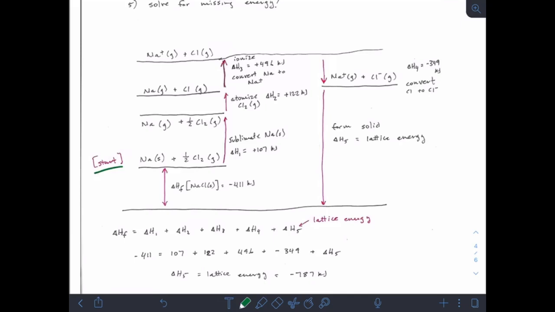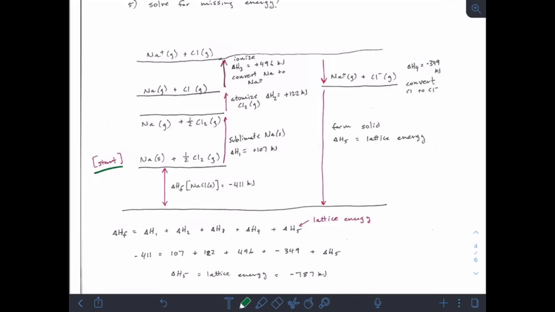Our first step is to sublimate, and there's an enthalpy associated with that. We have to put 107 kilojoules of energy into our components in order to sublimate my solid sodium to gaseous sodium. Then I need to break apart my Cl2 into a single Cl. Atomizing the chlorine gas requires another energy input of 122 kilojoules.